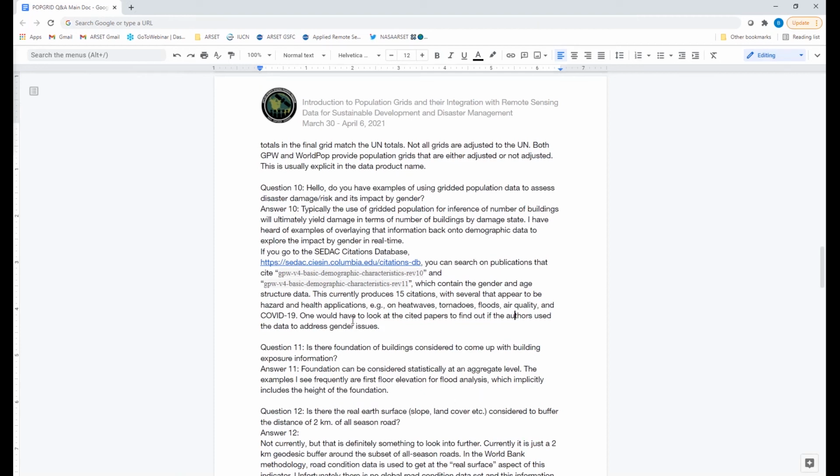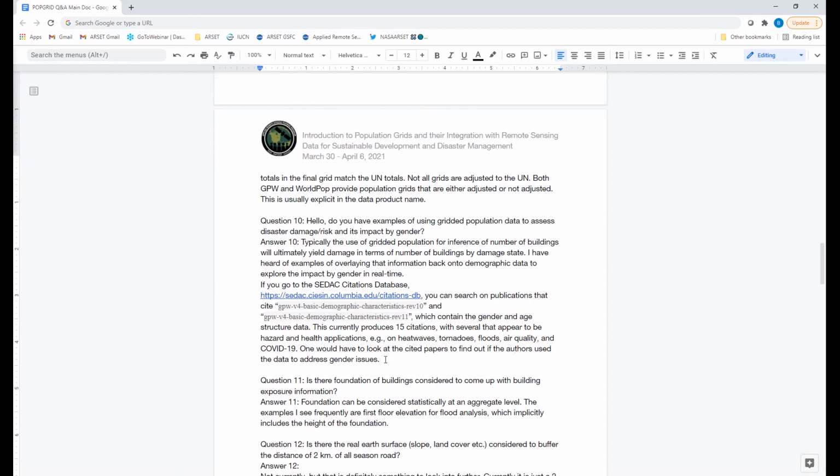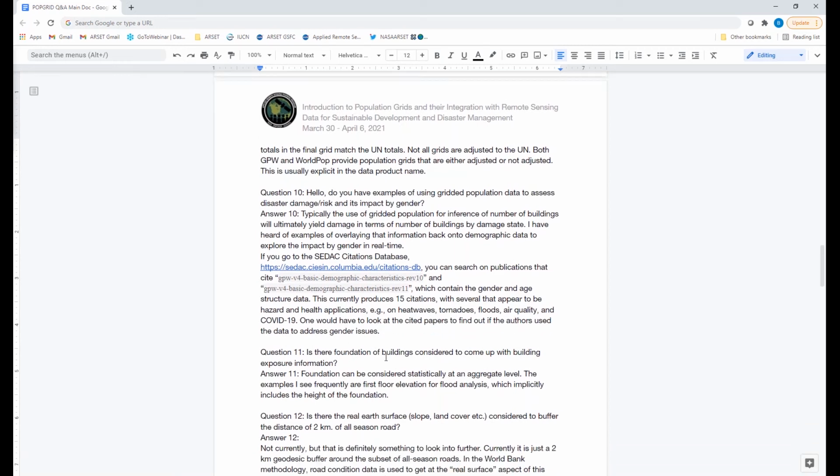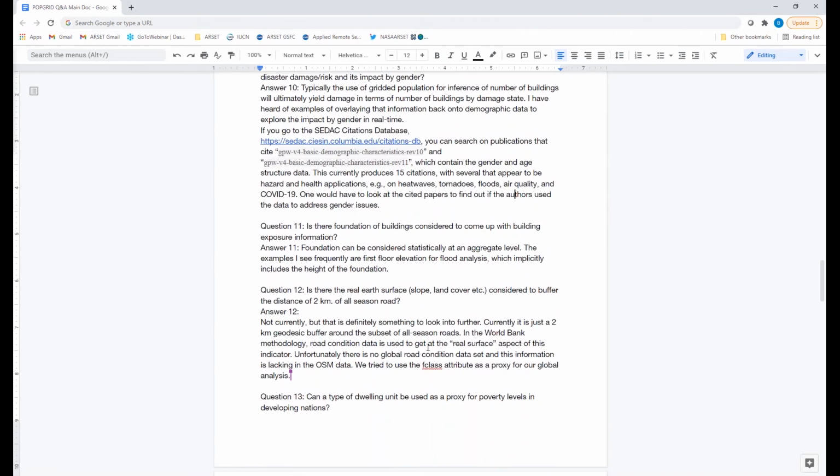The database doesn't contain the full paper, only the titles and basic citation information. But reading it, there are 4 or 5 papers that specifically mention heat waves, tornadoes, floods, air quality, and COVID.